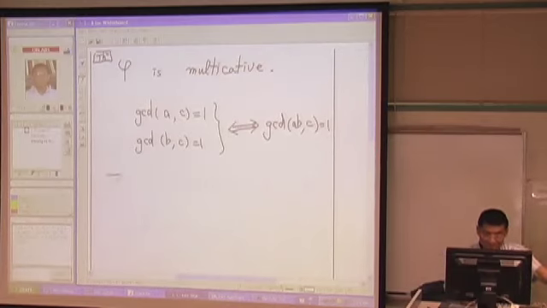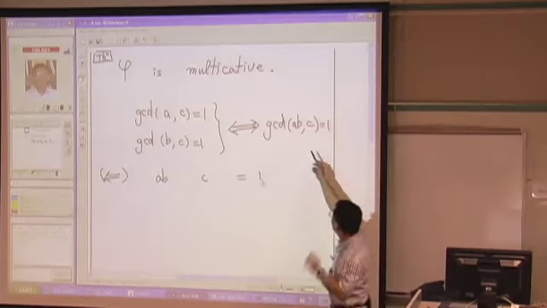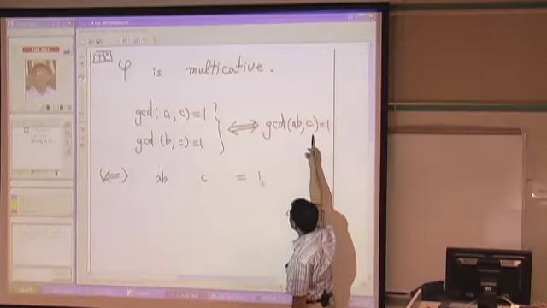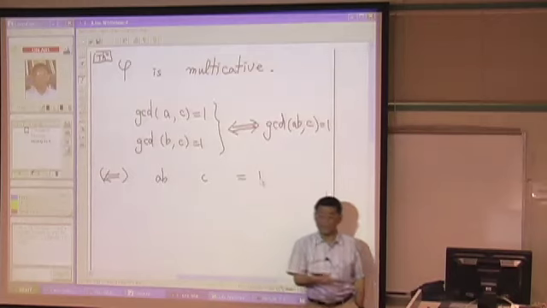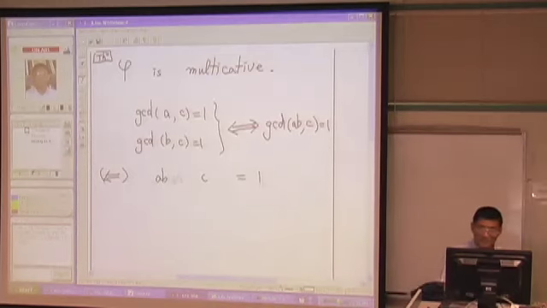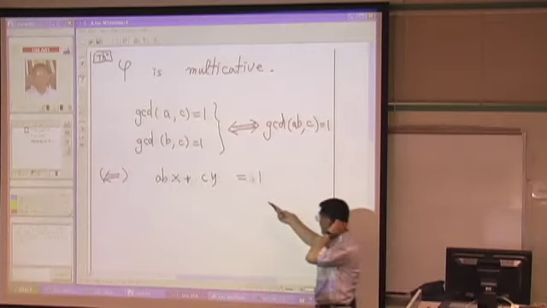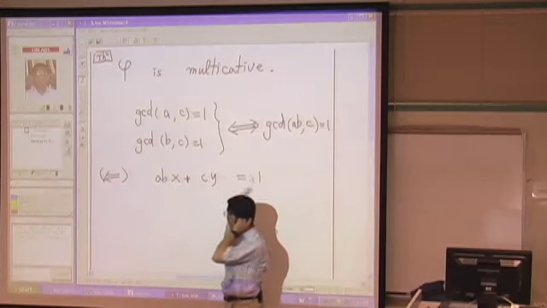First of all, the other direction is easier. If GCD of A times B, and C is 1, then it satisfies some mathematical relation. What is it? Some numbers, X, Y. Some integers X, Y exist, right? This is the very, very important property that you should remember, right?